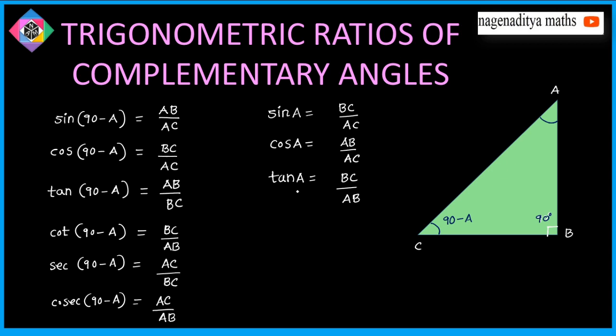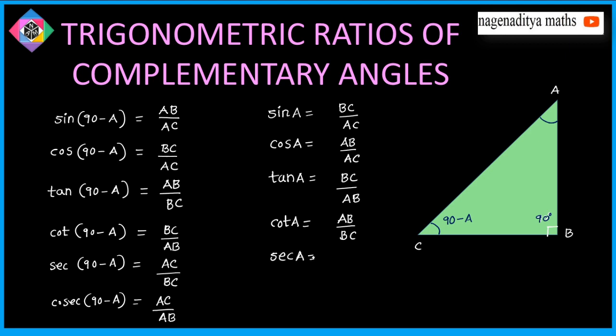Similarly, here we have found tan A and now we have to find cot A. What about cot A? Cot A is equal to the adjacent side to angle A by the opposite side to angle A, so that is AB by BC. And what about secant of A?